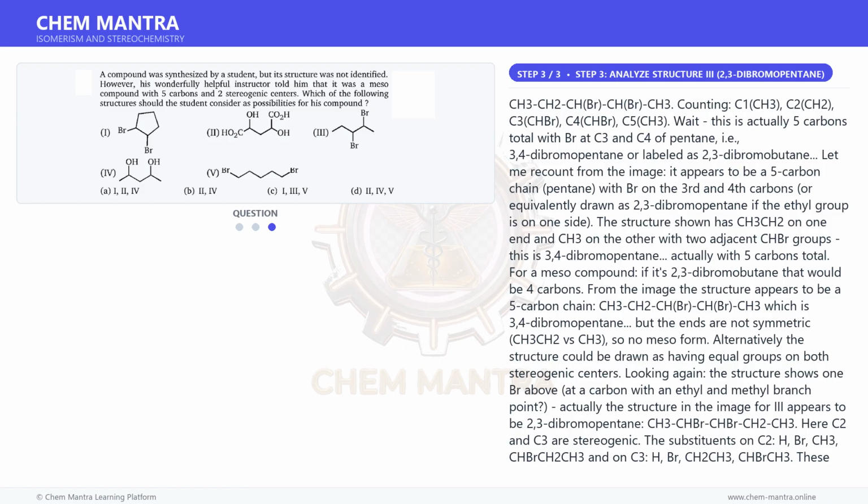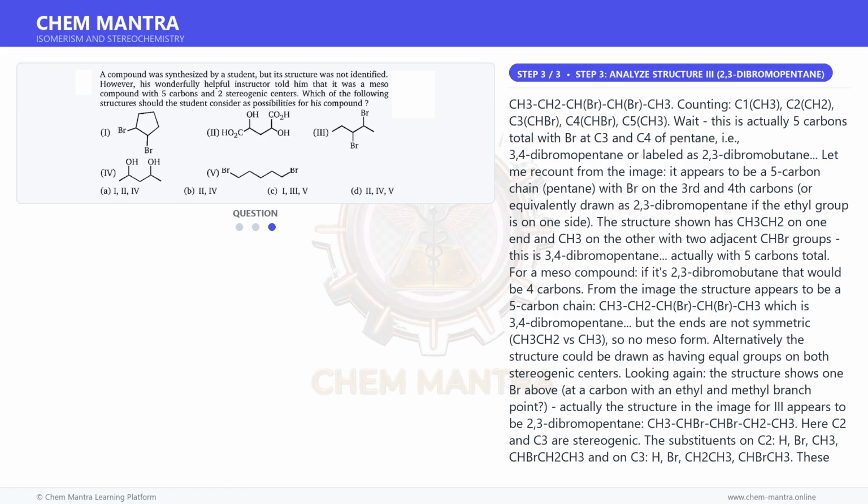Structure V, 1,5-dibromopentane, has no stereocenters, so it cannot be meso. The most likely intended correct answer based on standard organic chemistry: structures I and 4 are the classic meso compounds with 5 carbons and 2 stereocenters, answer B, 2, 4 or answer A, I, 2, 4.